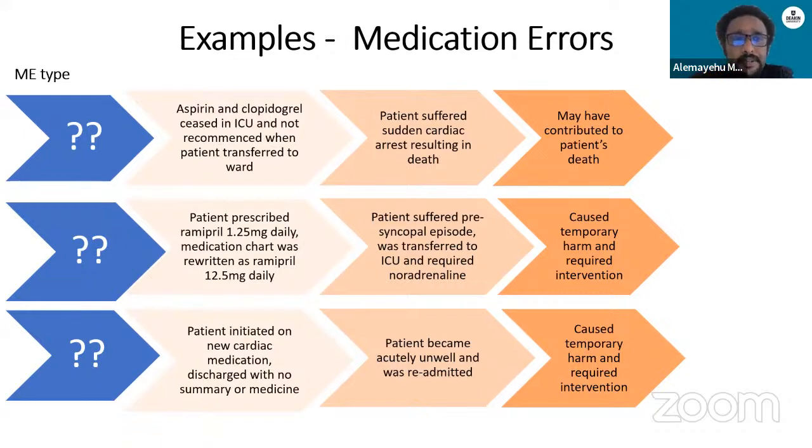Can you classify what kind of medication error this is? That is the first question. Read it and give me a suggestion. The first one: aspirin and clopidogrel ceased in ICU and not recommenced when the patient transferred to ward.